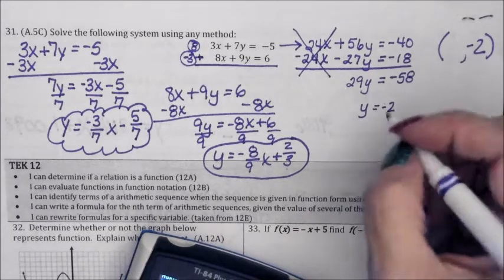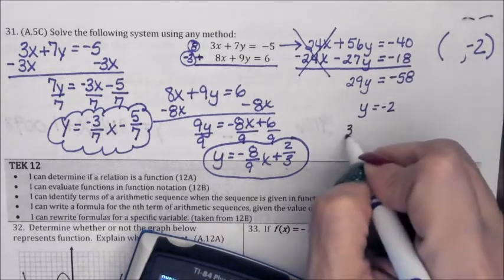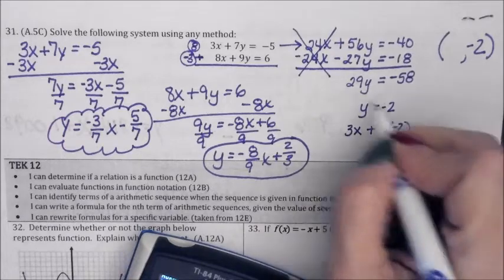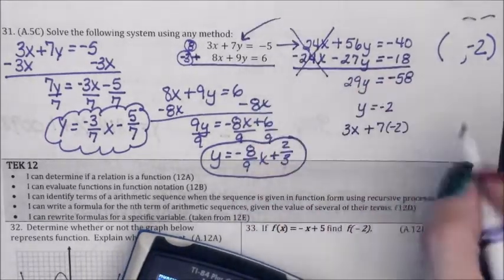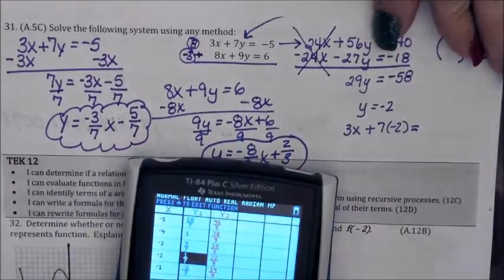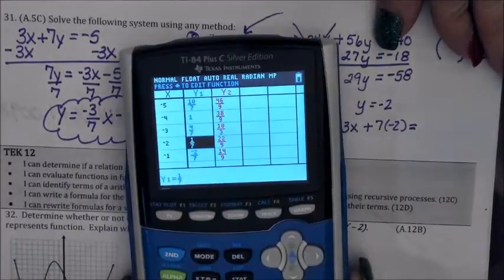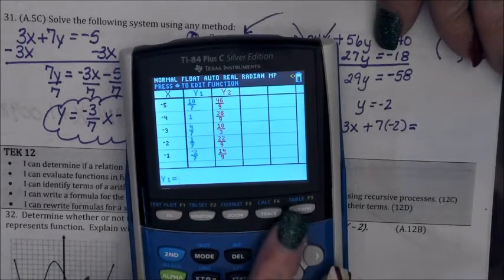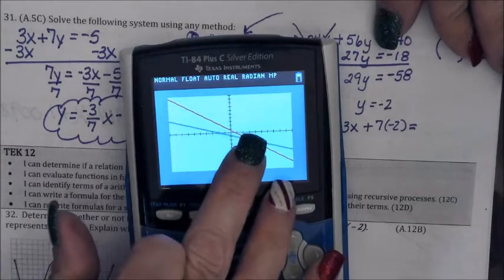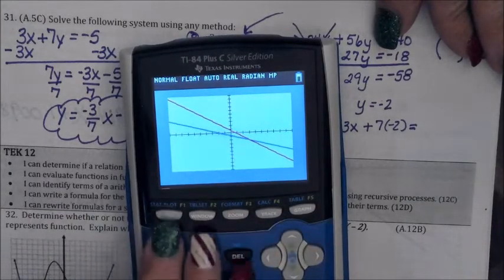Okay, well, let me plug this in. I should get 3x plus 7 times negative 2. I'm going to take this negative 2 and plug it back in. Oh, I'm sorry. You know what I did? I just realized the y value is negative 2, not the x value. Because if I graphed it, that's 1, 2, 3.